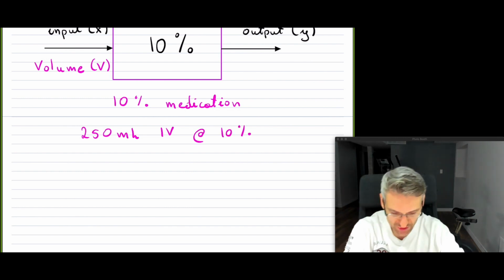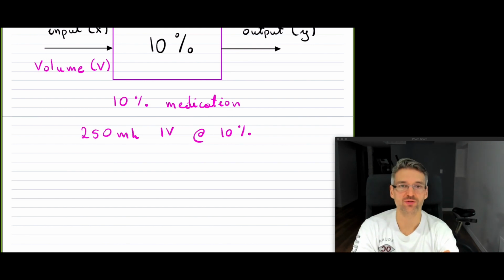And somebody asks you, how much medication do you actually receive? Well, most of that 250 milliliters would just be basically plain fluid of water. And then the 10% would actually be medication itself. This is also a proportion problem because you're just scaling by 10%.